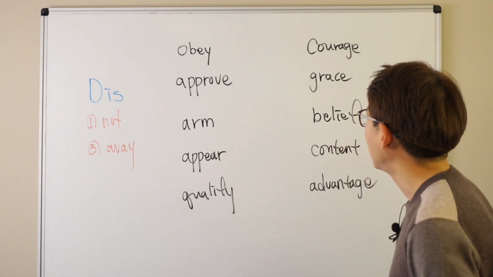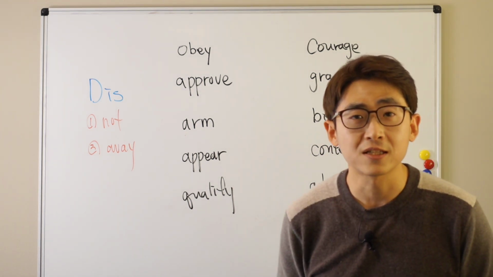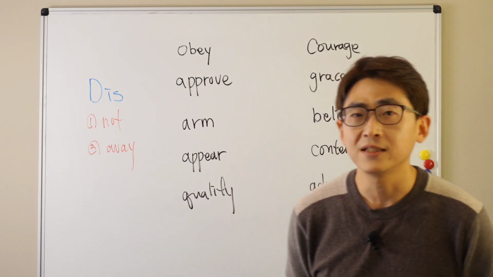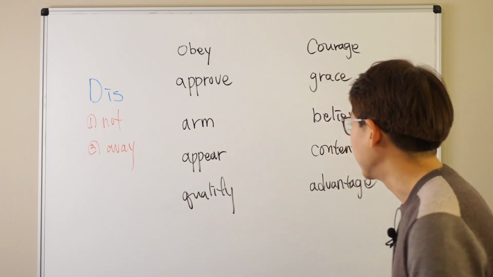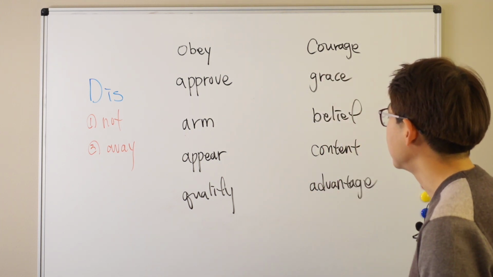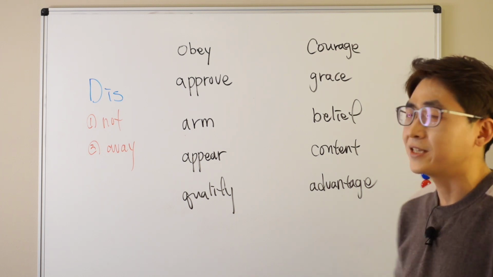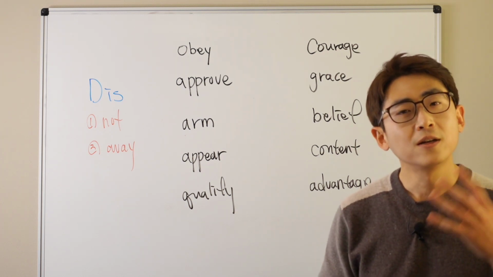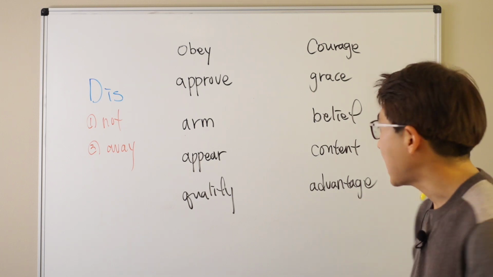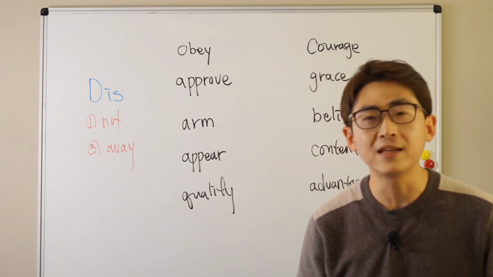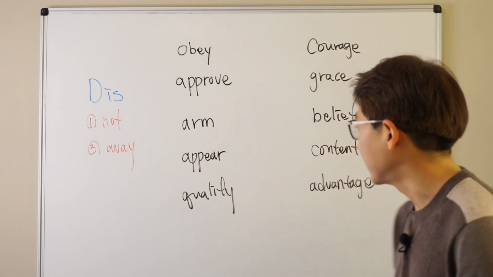And belief was to believe in, trust. However, if you do disbelief, then it meant not believing in something. And content was not content. It was an adjective, meant satisfaction or to be happy with, happiness. However, if you put discontent with, that it meant you're not happy with something.